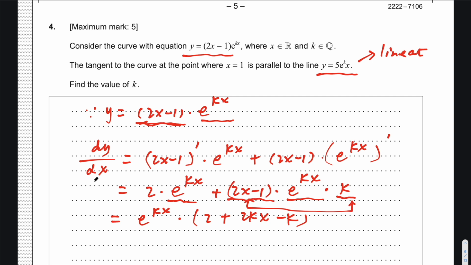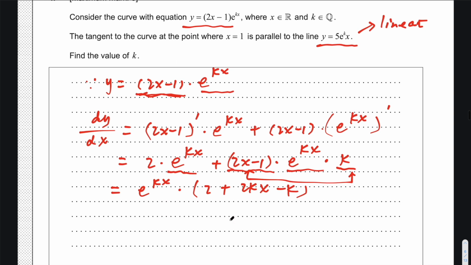Okay, so this is the first derivative of the function, and we need to find the slope when x equals 1. So just plug in x equals 1. This is equal to e to the power of k times 2 plus 2k times 1, 2k minus k, so that's k.